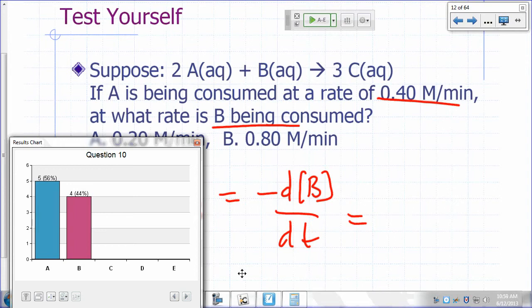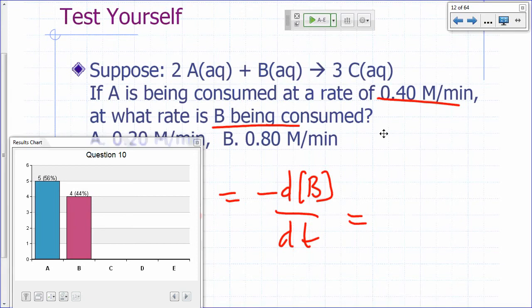50-50. Okay, I'll give you a chance to fix your answer. You need to convince your neighbor your answer is correct first. Who picked A and who picked B? What was the relationship?